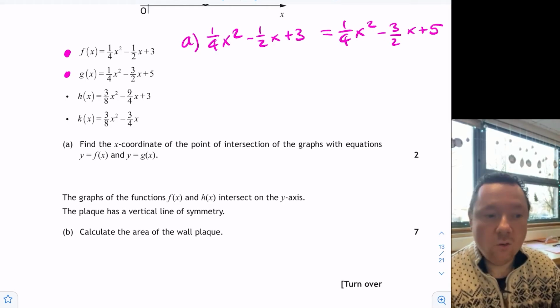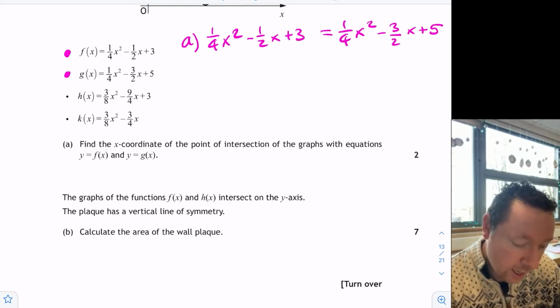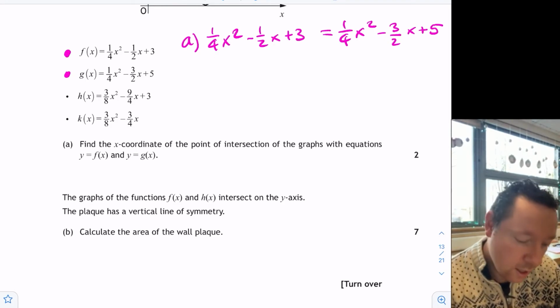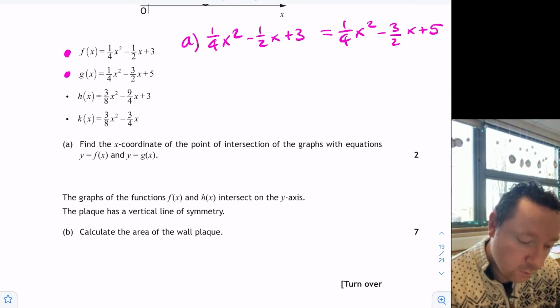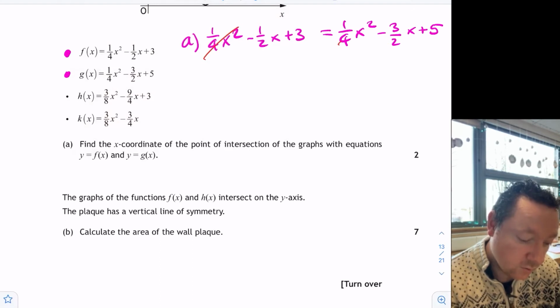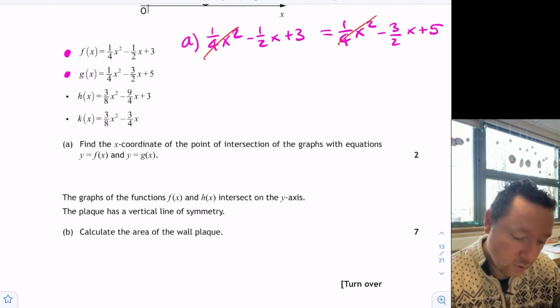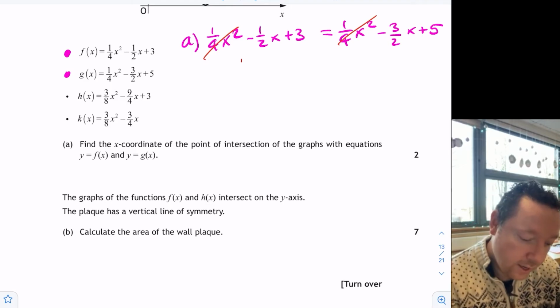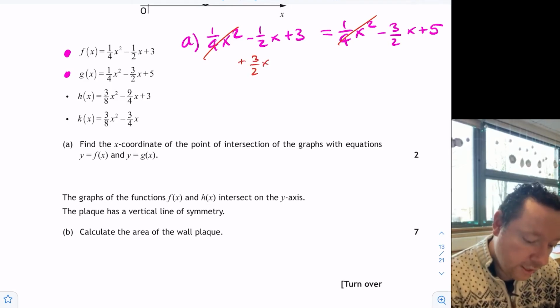Okay, now we need to solve that to get the x part. And it only asks for the x part, so that's good. Notice if you've got the same thing on both sides, they just automatically cancel. Same sign and everything, so I can cancel them. I've got minus a half x, so I can add 3 halves x to both sides.